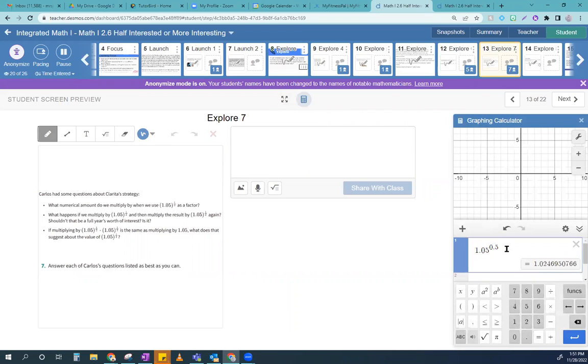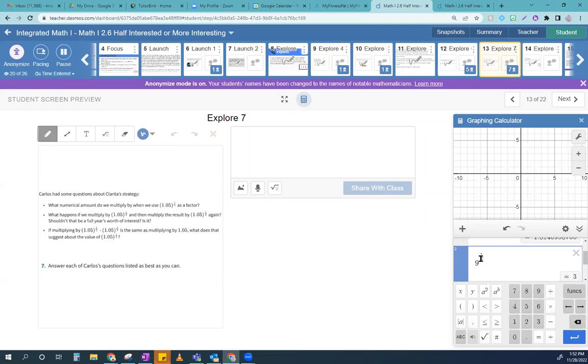Do you guys remember what we talked about last time with the half exponent? Yes. I'll give you a clue. Let's do 9 to the 1/2. It gives me 3.